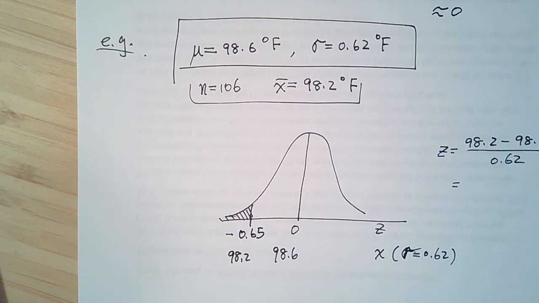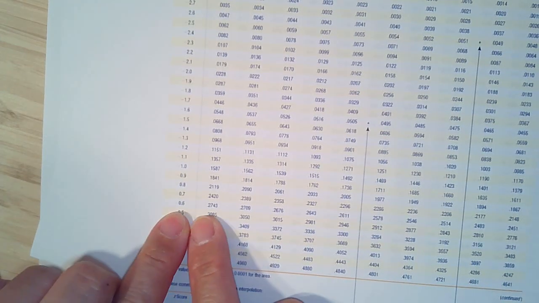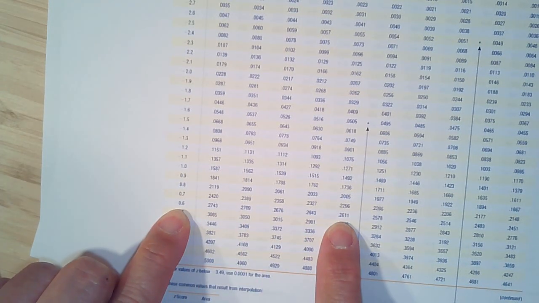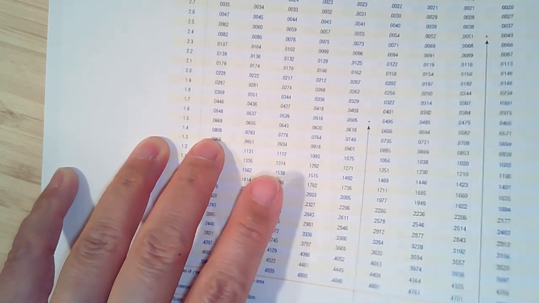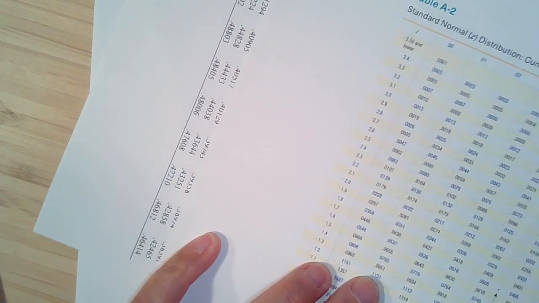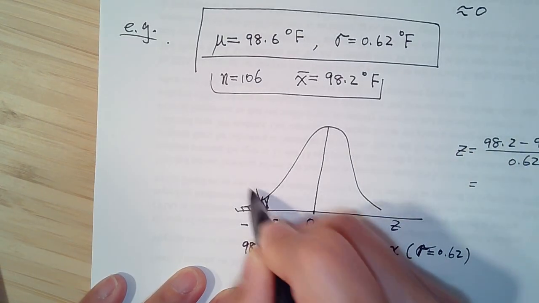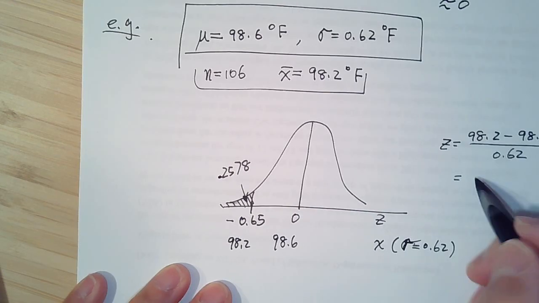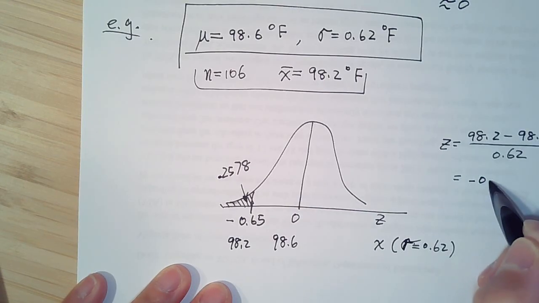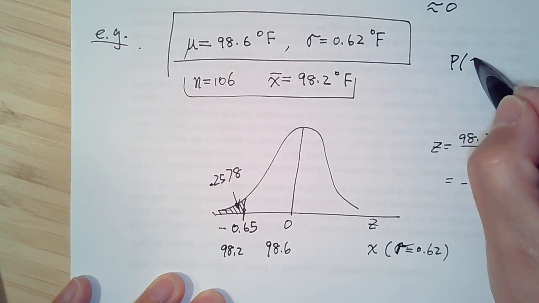All right, now we look at the negative 0.65 in the table. It's 0.2578. Sorry, 0.2578. So this is for negative 0.65.